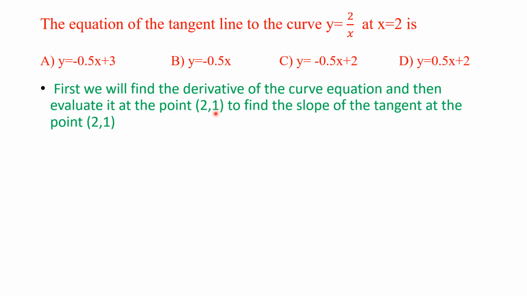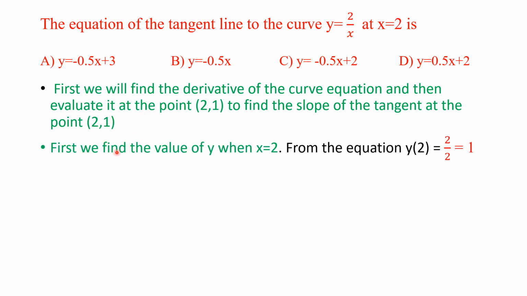And where did we get the value of y? Because we have x equal to 2 given, so we plug in 2 here, and that will give us y equal to 1. So the point will be 2, 1, and we use this to find the slope of the tangent at this point.